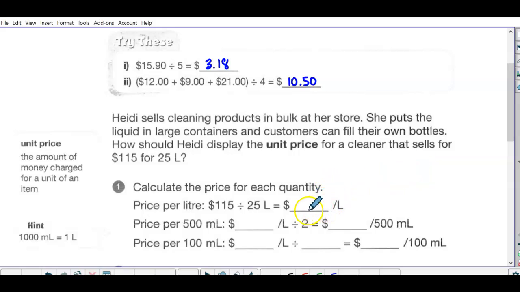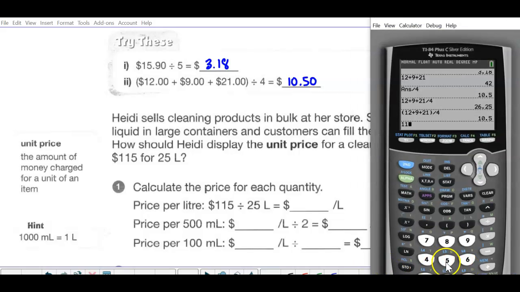So calculate the price of each quantity. $115 divided by 25 liters would give you the price per liter, which would be a fairly reasonable amount to buy. Okay, so that'd be $4.60 for 500 milliliters. So that's about the size of a water bottle.